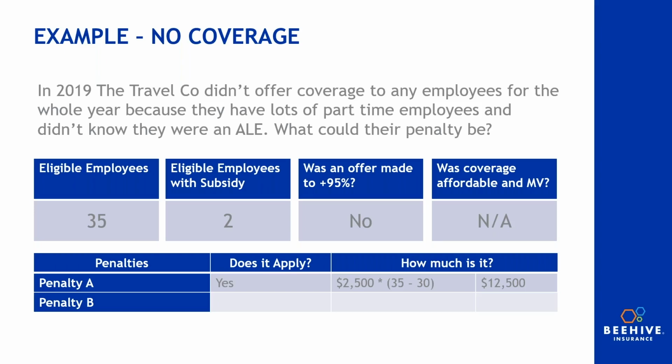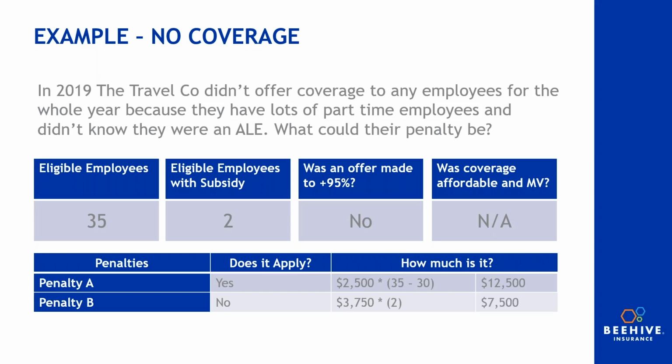For sake of argument, we're going to look at what penalty B could have been if they had offered MEC coverage. It currently does not apply, but if they had offered MEC coverage, and because it would not be minimum value, penalty B would be a factor. We're taking the $3,750 and multiplying by the 2 eligible employees who received a subsidy.